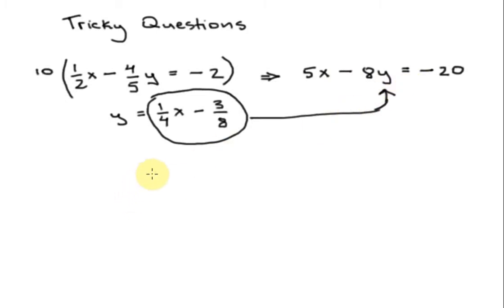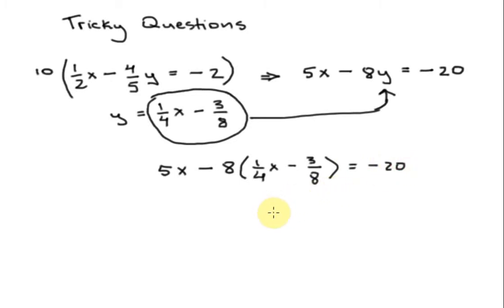That's going to be a little bit messy still, but very workable. So I'm going to go 5x minus 8 times y. I'm going to replace the y with 1/4 x minus 3/8. And then that equals -20.